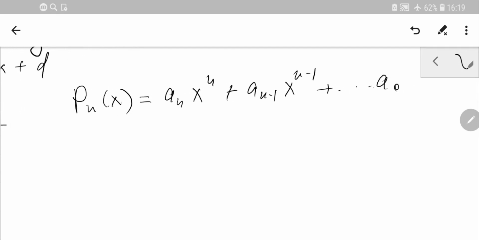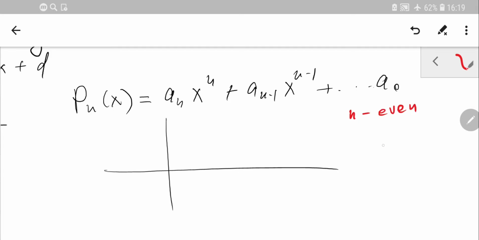So what about pn of x? What are the main properties? And actually this whole task is based on it. First of all, you notice that if n is even, you can test on a parabola, p2, which is ax squared plus something, or x to the 4 plus bx cubed and plus something.